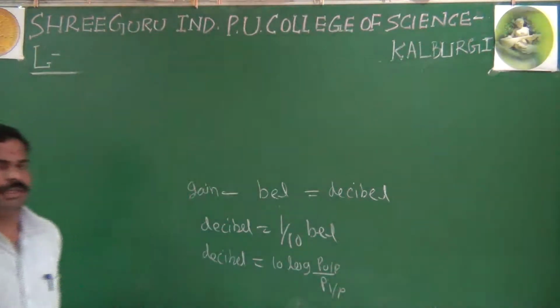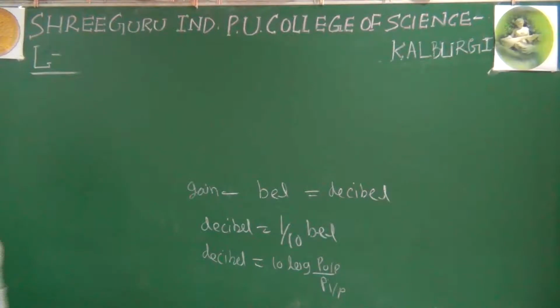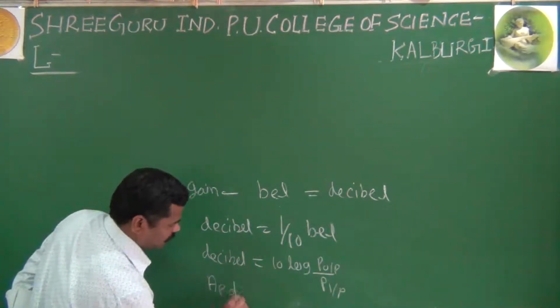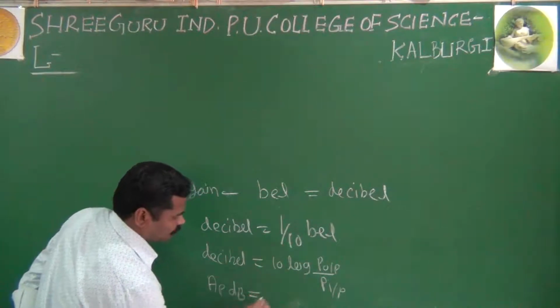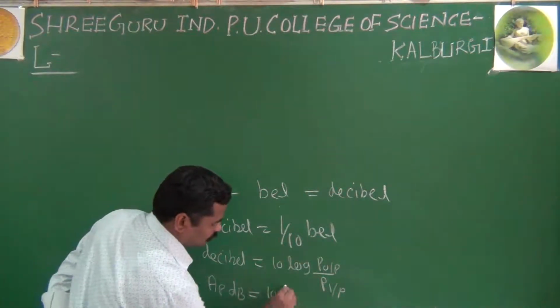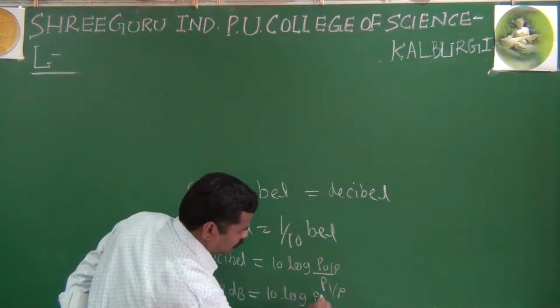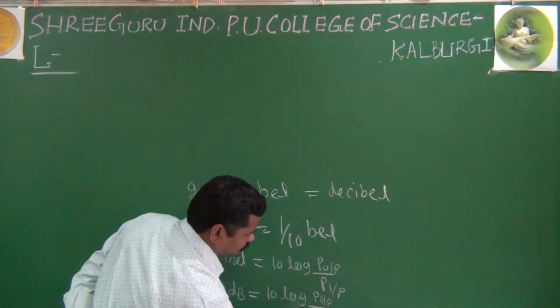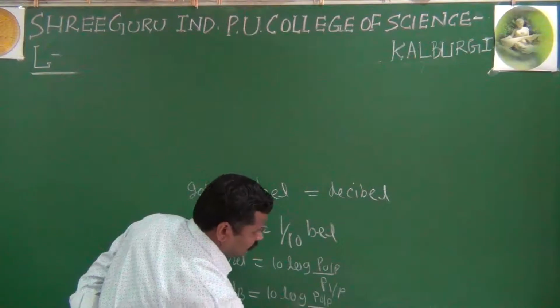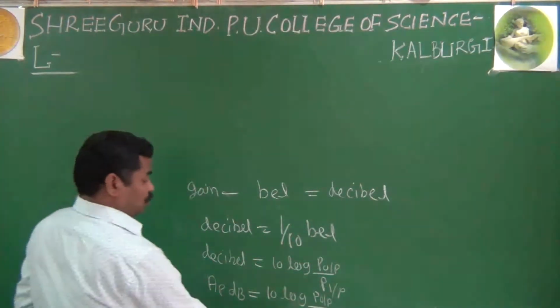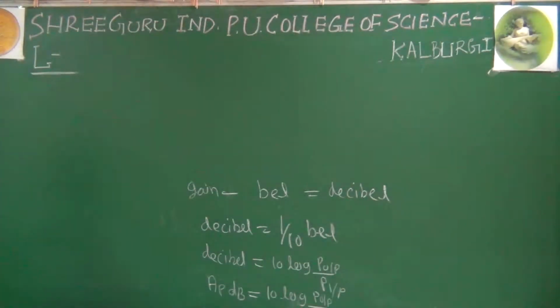As we know, the power gain in decibels, AP in dB, is nothing but 10 log, a common logarithm, of output power to the input power. In the same way, you can also mention your voltage gain and current gain in terms of dB.